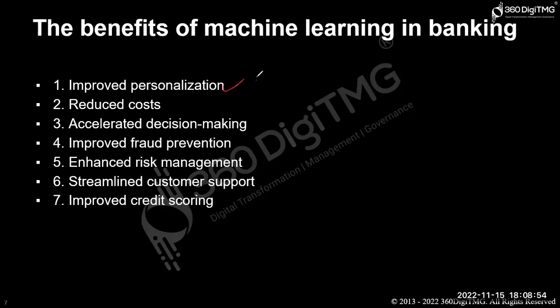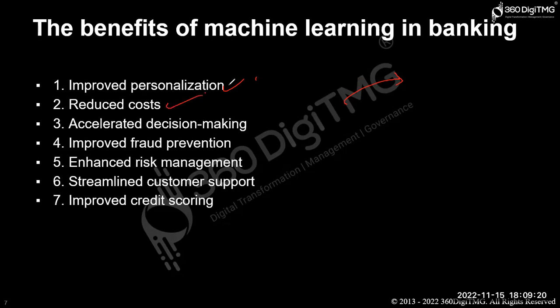Improved personalization, same as what we have discussed, as insurance will be having queries. We will be analyzing their queries, and with those queries we'll come up with a personalized algorithm so that we can guide them better. Like chatbots, based on the frequently asked questions, we will come up with a chatbot so that we can address their queries and reduce the cost.